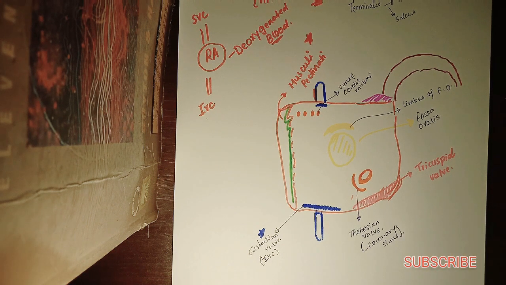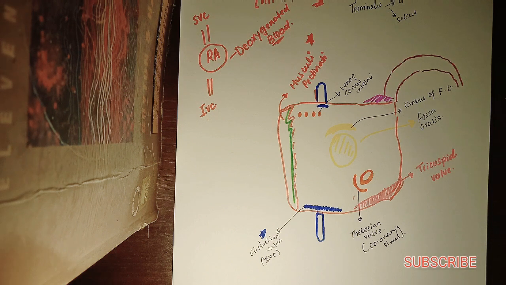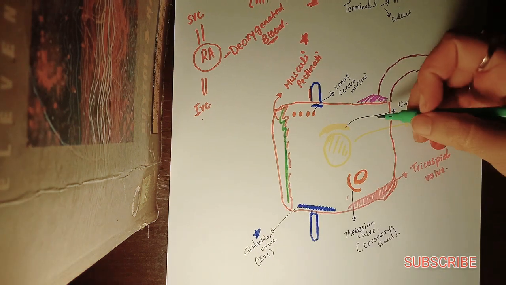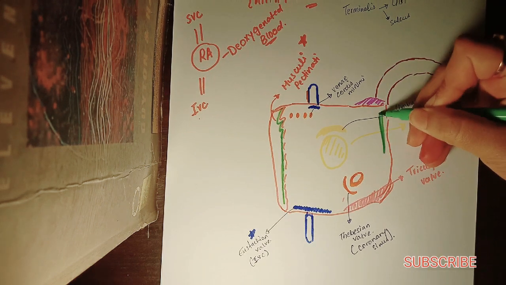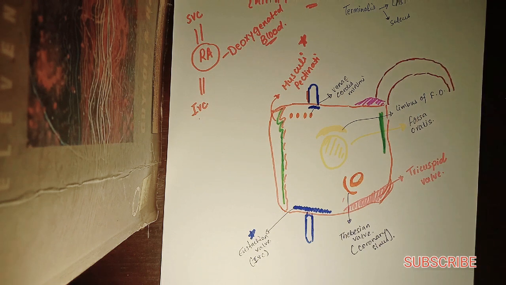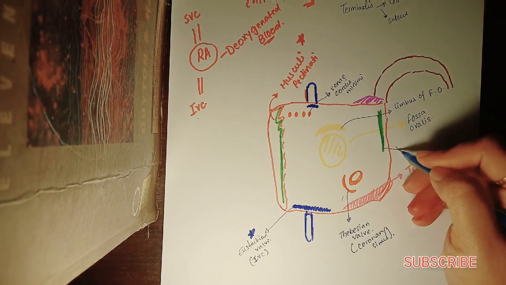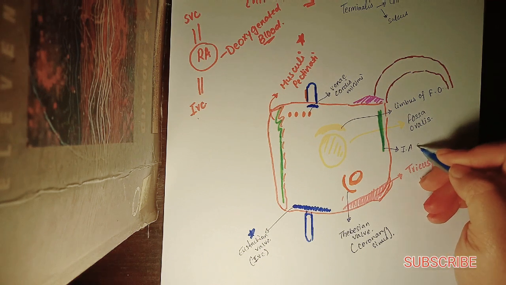Then there is a septum that divides the two atria, located here, which is known as the interatrial septum.